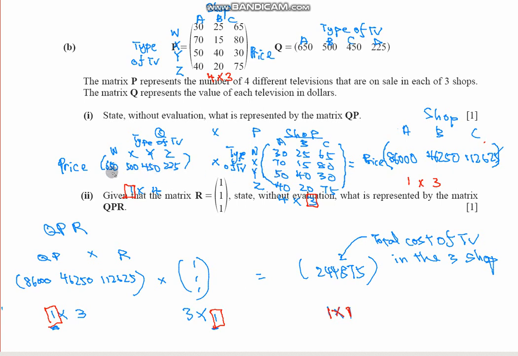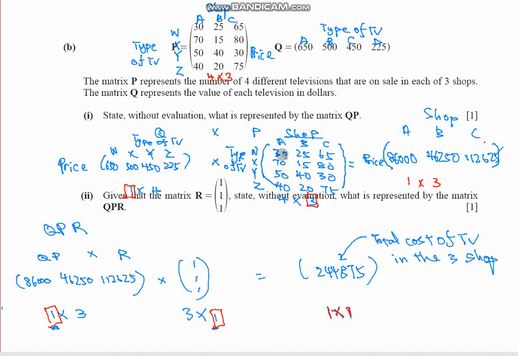The price of W TV is 650, and remember this is the quantity of TV W in shop A. So 650 times 30 is the total cost of W TV in shop A. Secondly, type X 500 times the quantity of X, 70, equals the total cost of type X TV in shop A. Similarly, 450 times 50.